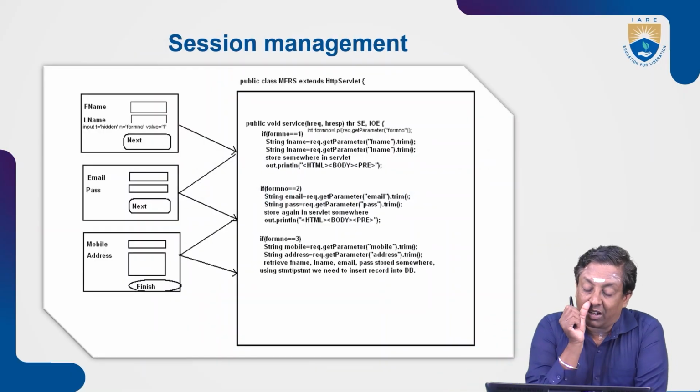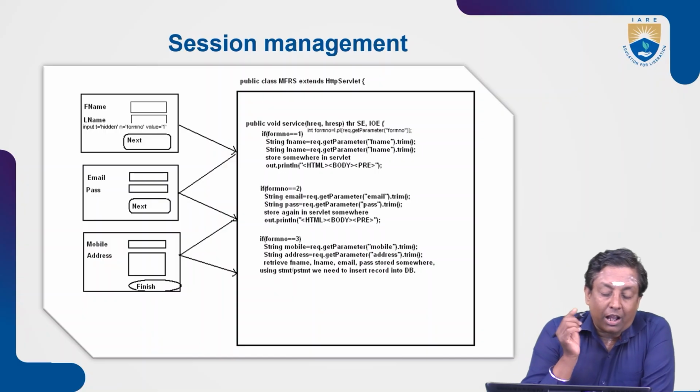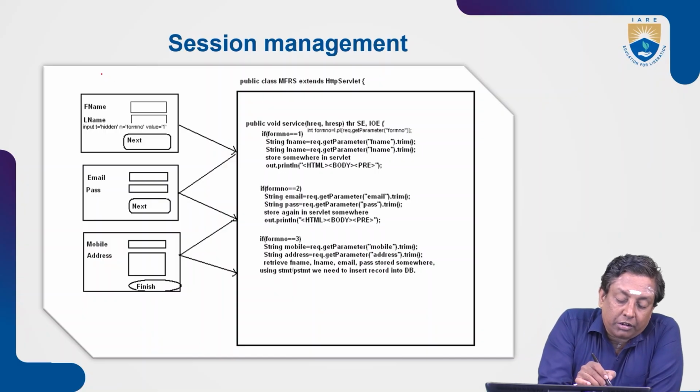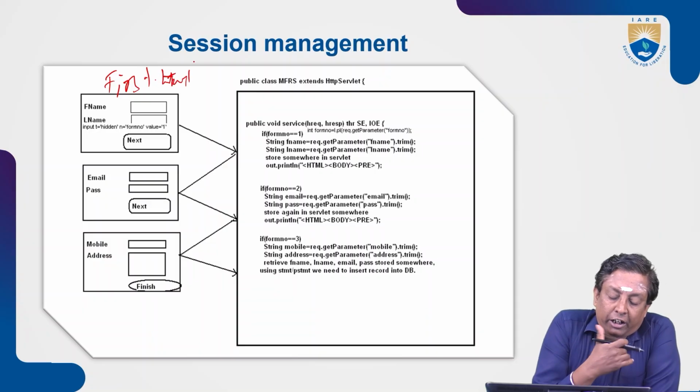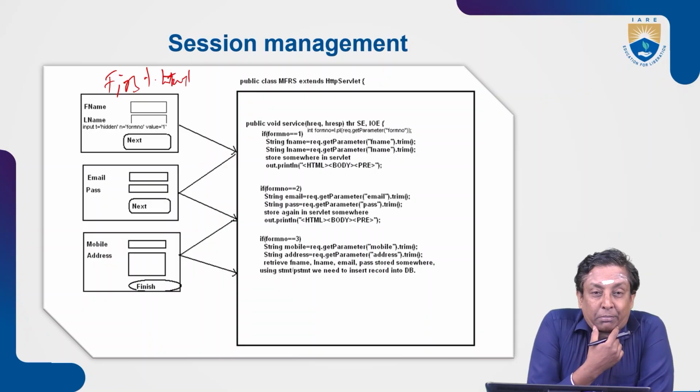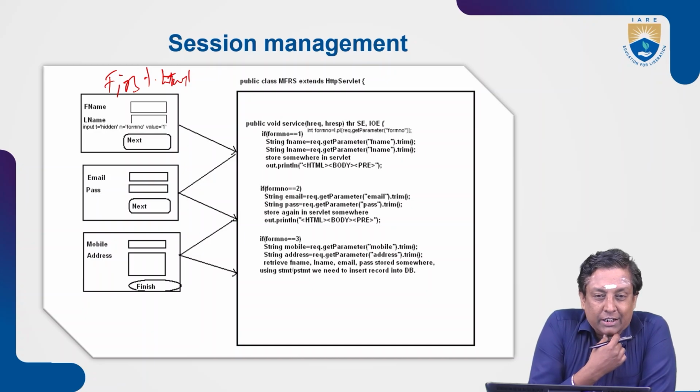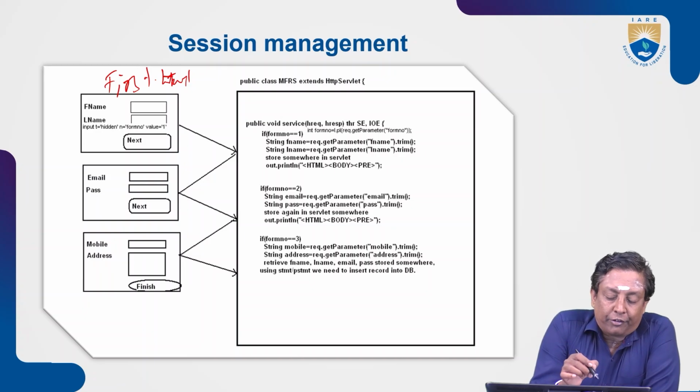Here is a small example I am demonstrating. I am having one form called index.html or first.html. This is an application where we are accepting the client registration process across 3 HTML forms. In one form, we'll ask the personal details. In another form, we'll ask the education qualification details.